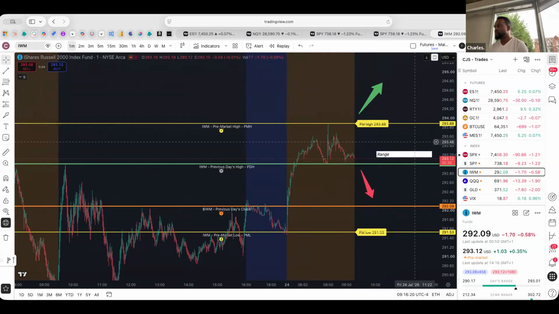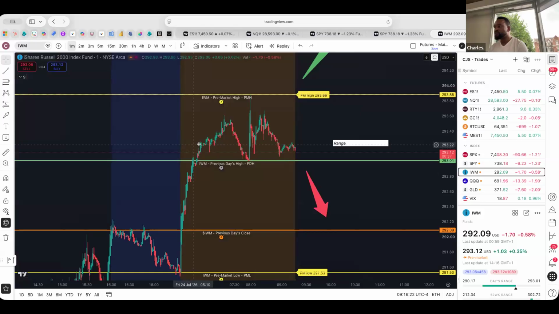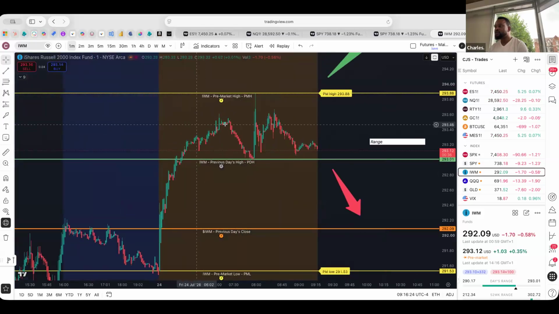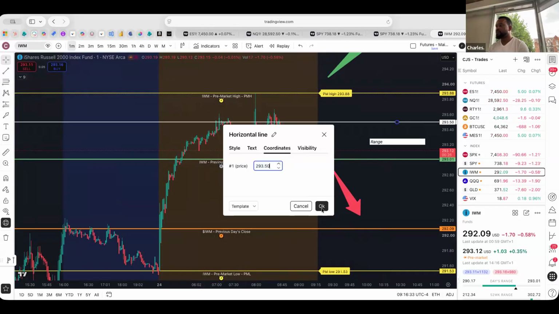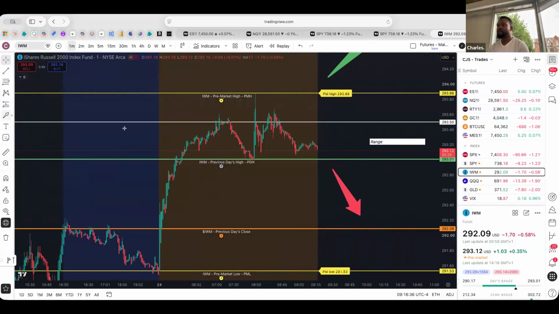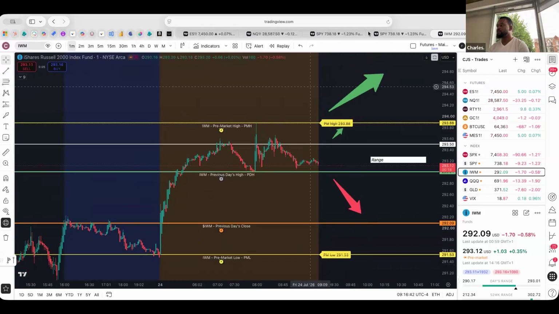If we wanted to be a bit more ambitious, there's an area where price was consolidating around there. So we could do this. First break there. We'll have a small breakout from there to the upside and then move to there, but I think we'll get higher probability if we break that way.